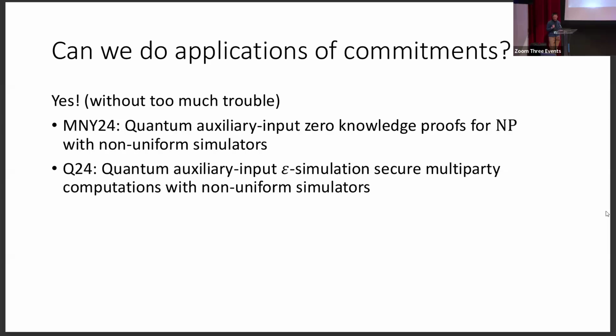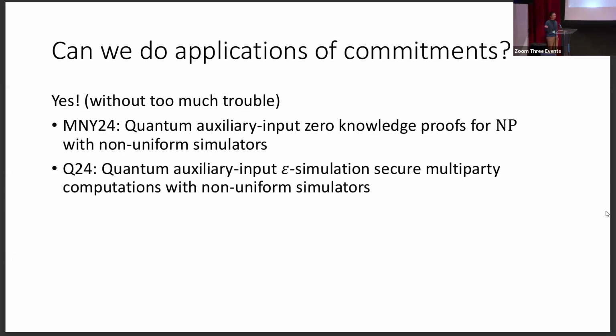And in my work, I show that you can actually go all the way to secure multi-party computation with simulation security, although there are 2 caveats. One is, as before, we need quantum auxiliary input, and the simulator also needs to have access to this quantum state, but that's actually independent of the input.